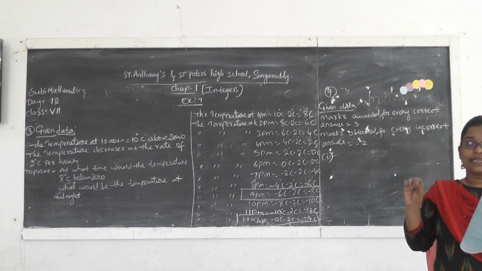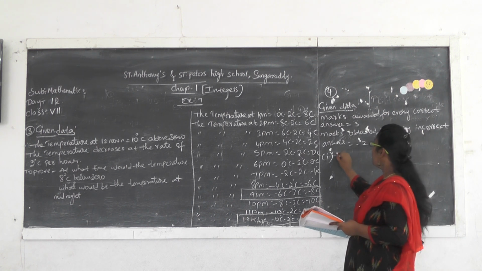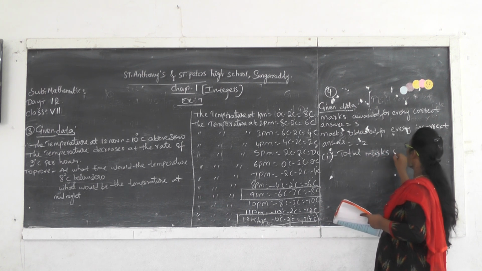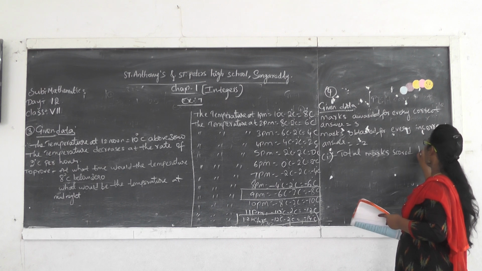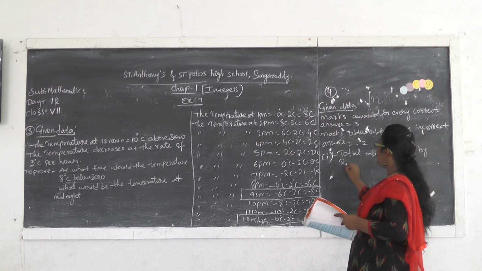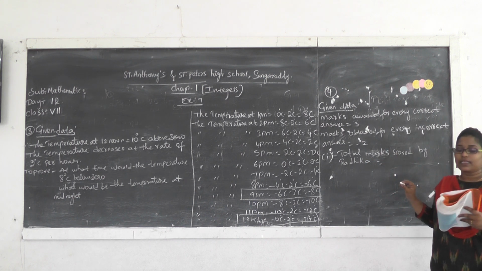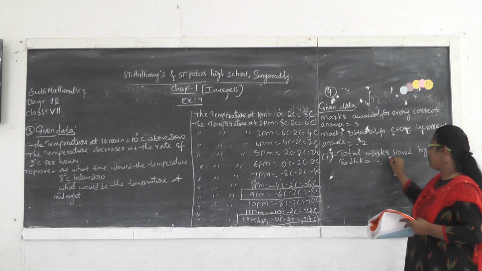Radhika scored 20 marks. Here the total marks scored by Radhika were given. How many marks scored by Radhika? Total 20 marks.